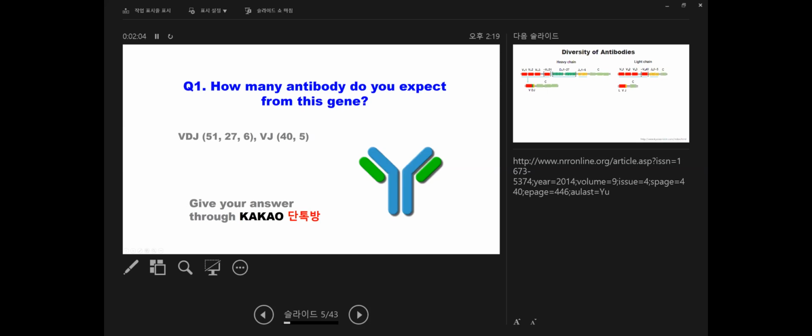Can you give the answer for this question on Kakaobang? The fastest one will get credit. How many antibodies can this person generate?